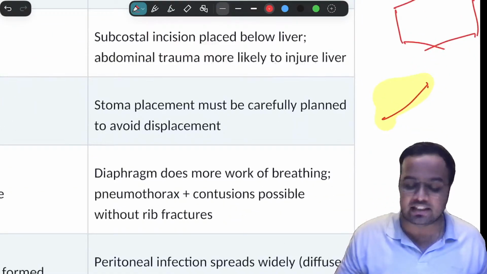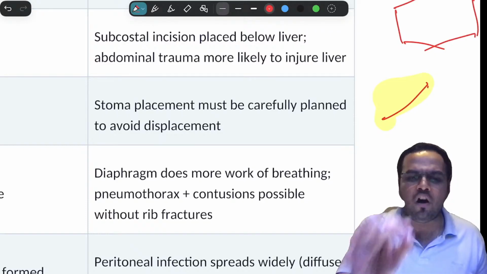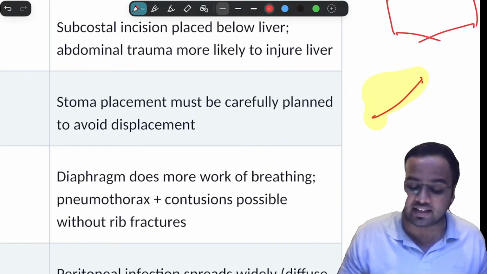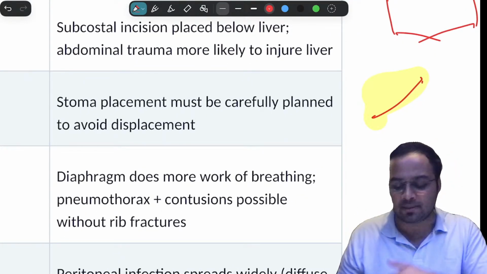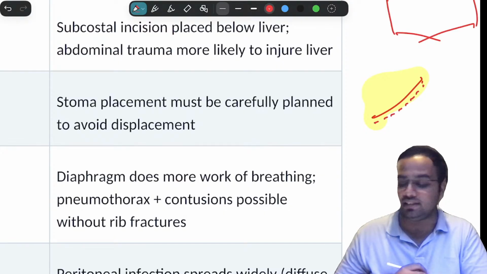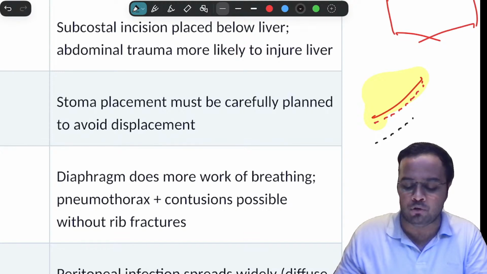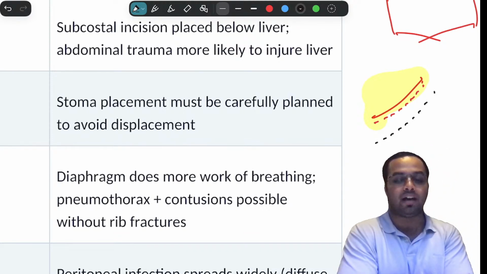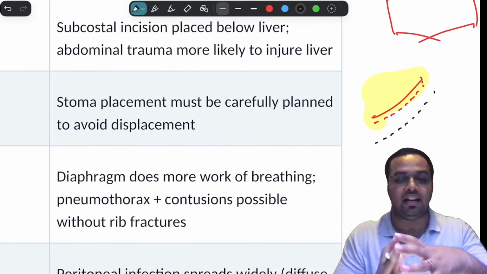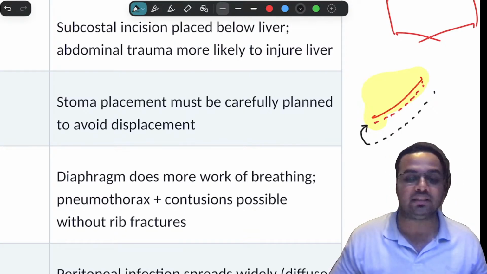What implication does it make? Whenever you are going to do any surgery on the liver for biliary atresia or for any gallbladder or bile duct surgeries, always make sure that in adults, we take the incision just below the costal margin. But in the child, make sure that the incision is made 2 centimeters at least below the costal margin. Because when the child is going to grow, this scar is eventually going to come to the subcostal region.